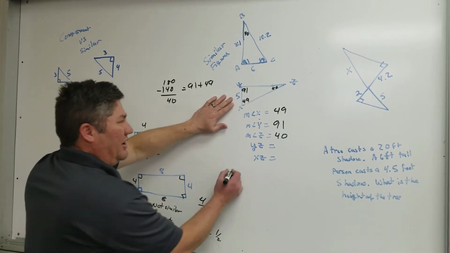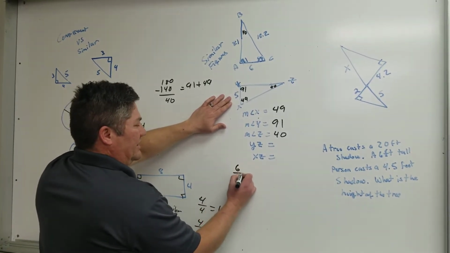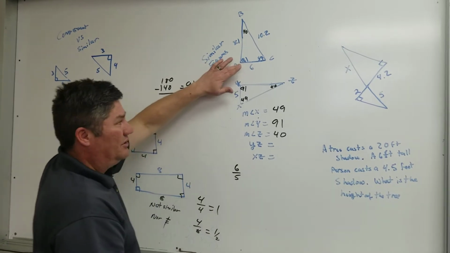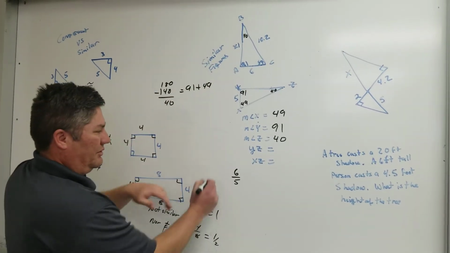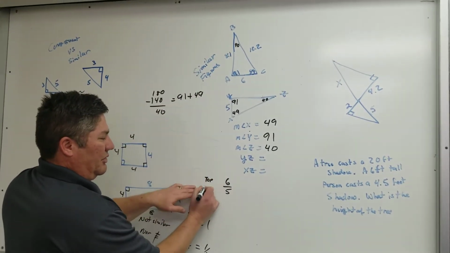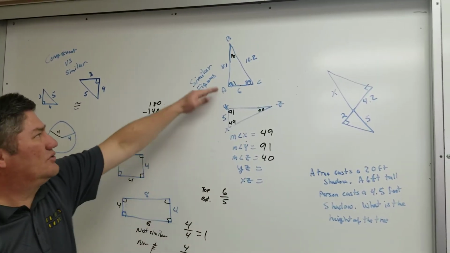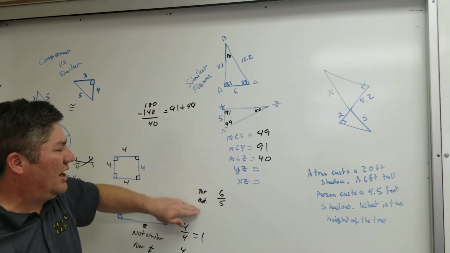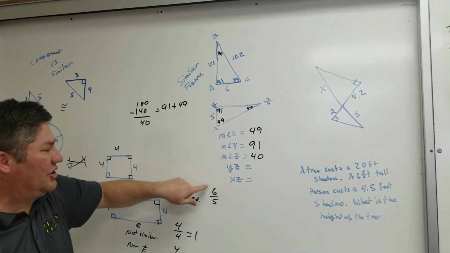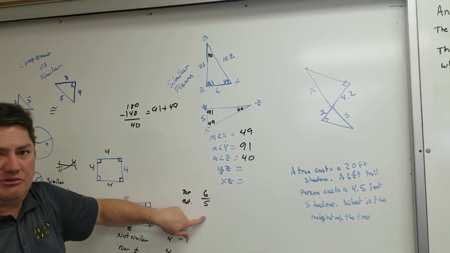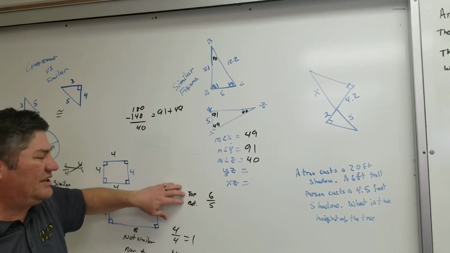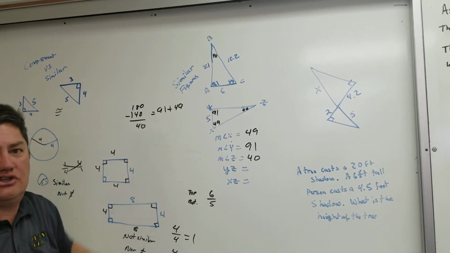So I set up my ratio 6 to 5, going from the top to the bottom. I like to write these out to the side so I remember which triangles I'm talking about. The 6 came from the top triangle, the 5 came from the bottom triangle. If you make that distinction, you won't mess up your ratios as you go to write them.